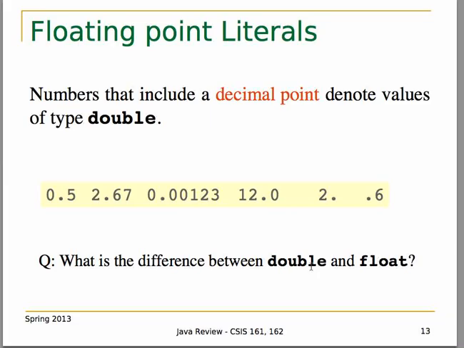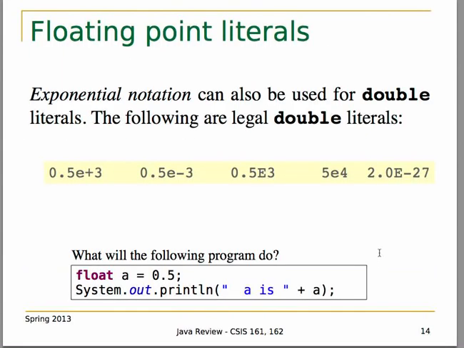But this nomenclature came about 30, 40 years ago, and we've stuck with it. Double stands for double the precision of a float, which is considered single precision.